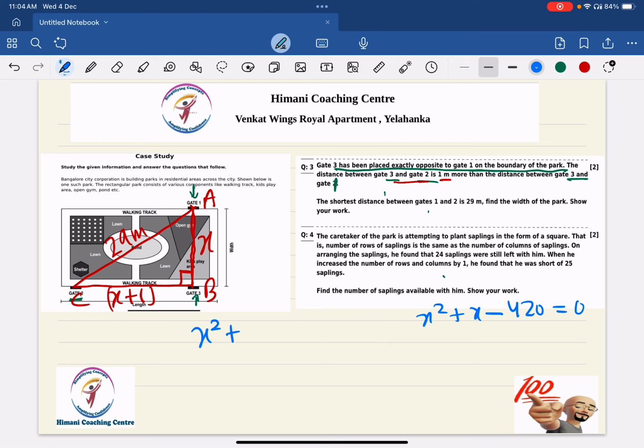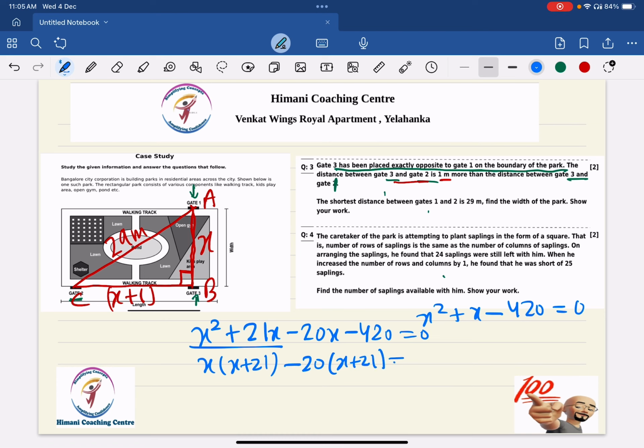So x square plus 21x minus 20x minus 420 equals 0. You take x common, x plus 21. Here we take minus 20 common, again x plus 21, which gives us 0. So x minus 20 times x plus 21 equals 0.